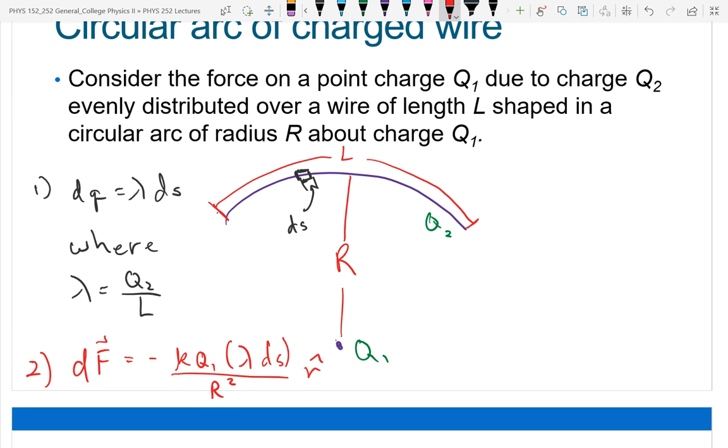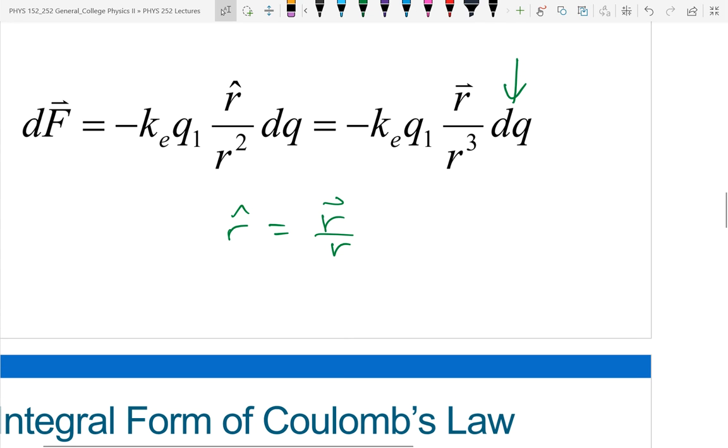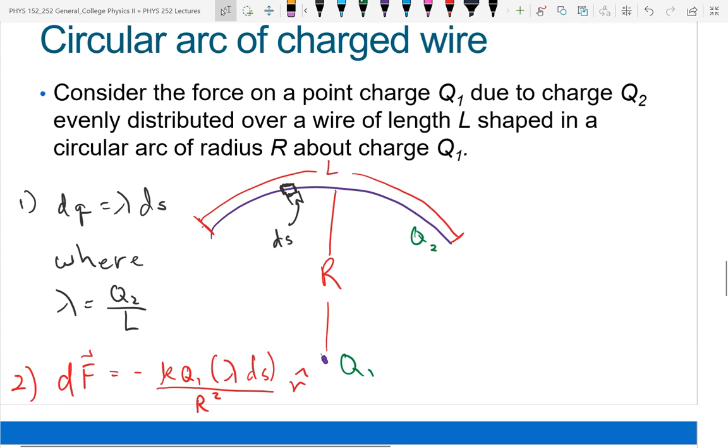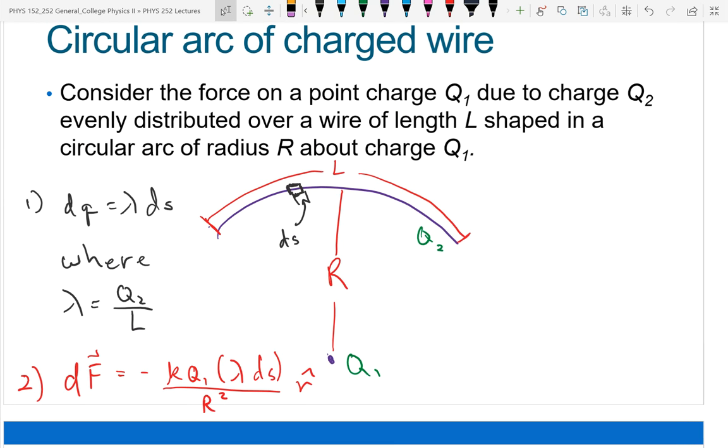Ah, shucks. Why do I say ah, shucks when I put r hat in there? Well, how did you get that equation? That's the one that we had two screens up. You haven't broken anything up yet. We just copied it. Yeah, I just copied it except I took the left-hand form and I replaced dq with our lambda ds. So we haven't broken anything up yet. Nope. So why did I say oh shucks about that r hat?